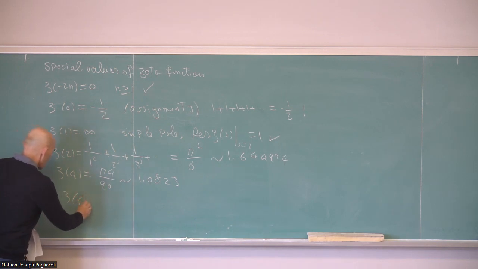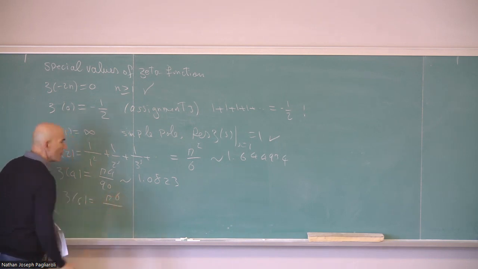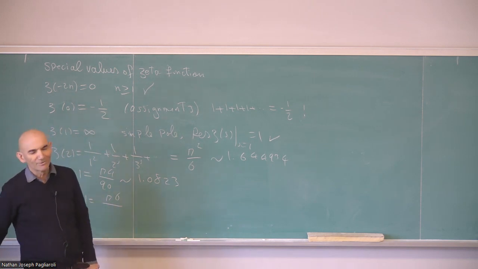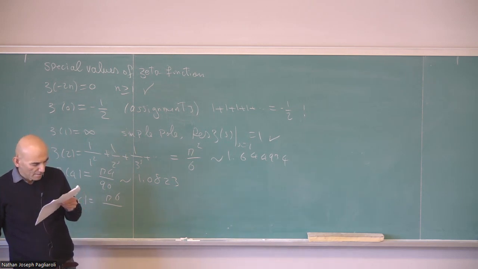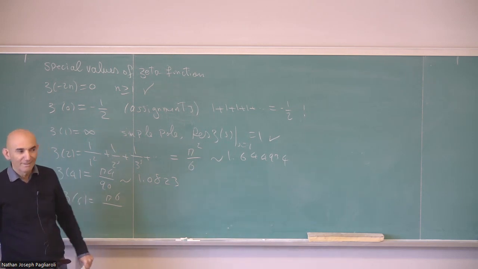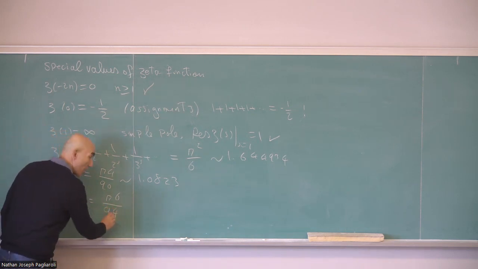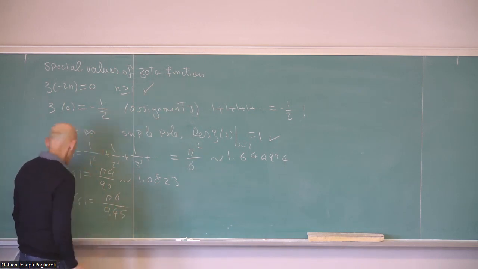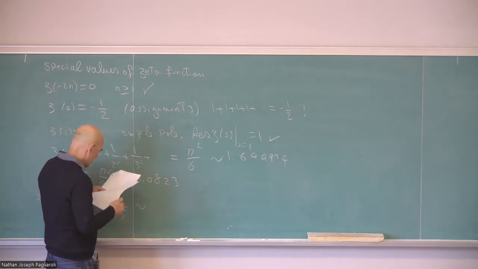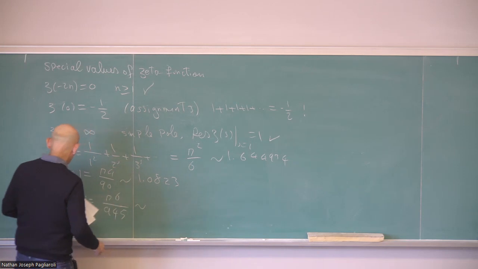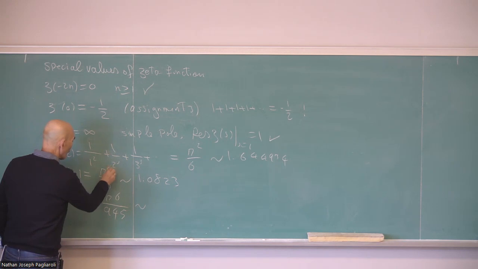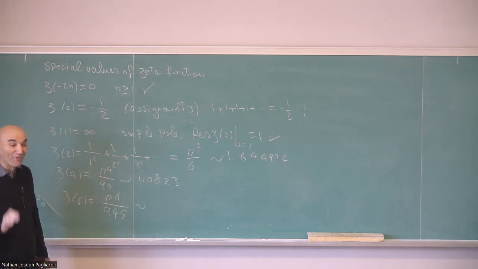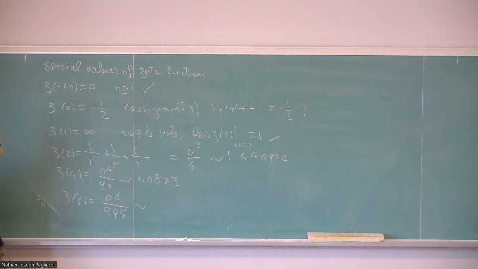Zeta of 6 must be pi to the power 6 over 945. Yeah, pi to the power 6, 945. Yeah, the powers are increasing.